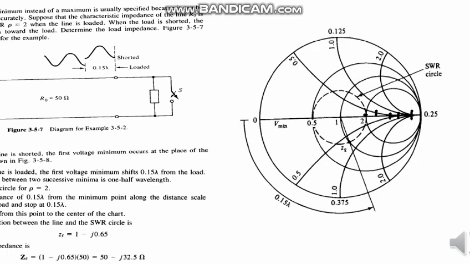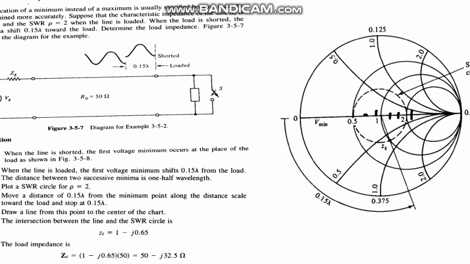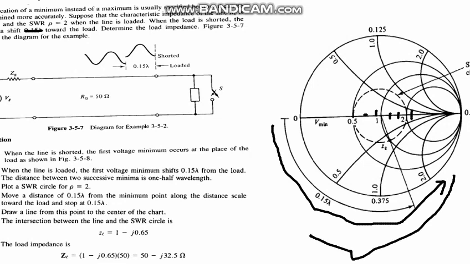After that, you take this ZL. Here you can find 0.15 towards the load. If it is towards the load, that is from 0 to there. If it is towards the input impedance, that will be there. There are 2 lines that have been drawn in the Smith chart.